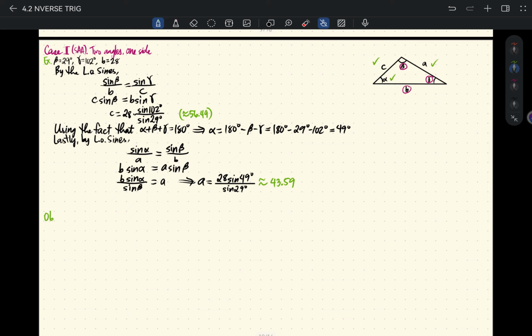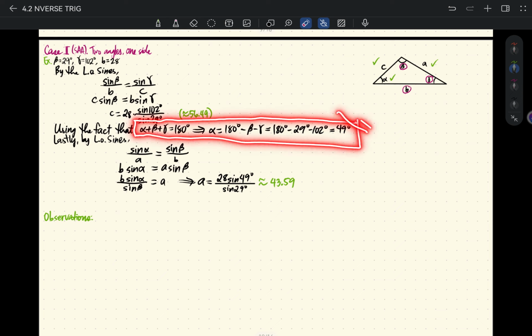Observations. What were the most important parts of our calculation? Actually, this one is the most important part. The part where we got the third angle is very important because this tells you that if you have two given angles right now, the third one is unique.